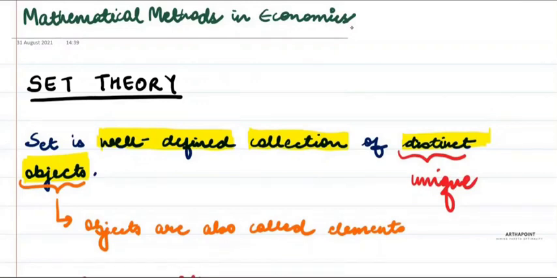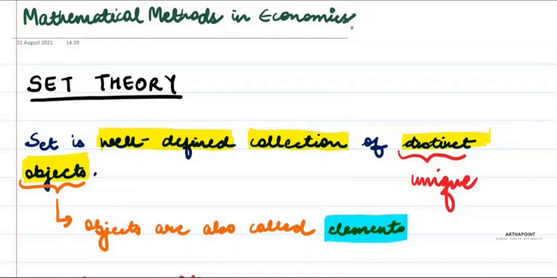These objects are also called elements. Any object of the set is also known as an element of the set. So when I talk about apple, mango, etc., they are objects of my set of fruits, or they are also elements of my set of fruits.